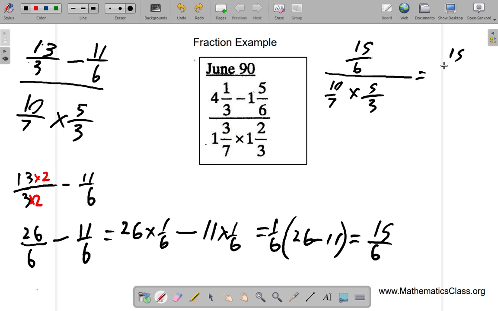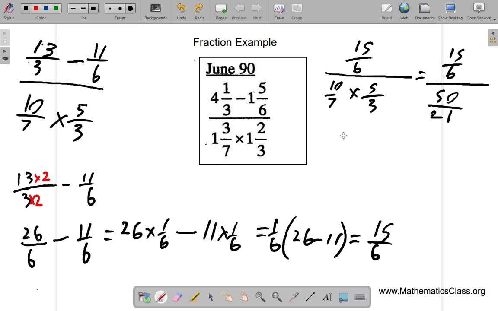Remember, multiplication of fractions is top times top, 10 times 5 is 50, all over bottom times bottom, 7 times 3 is 21. You see that? So you have 15 over 6 all divided by 50 over 21.